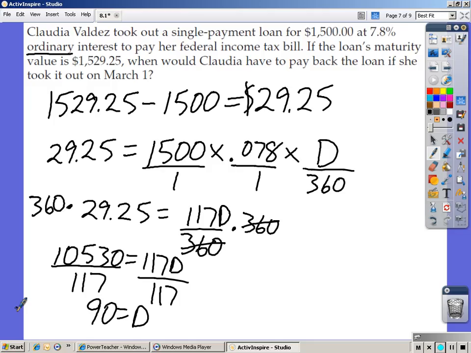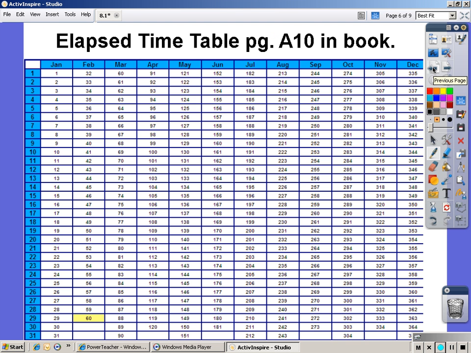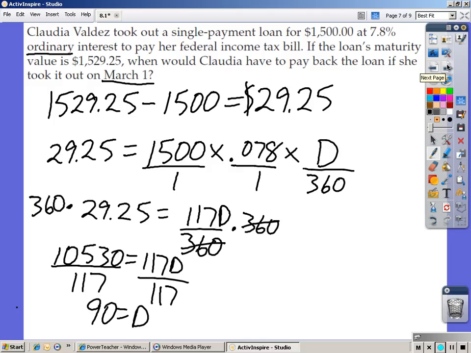Okay? They want to know when would Claudia have to pay back the loan if she took it out on March 1st. Well, let's look at our table. If we look at our table, we find out March 1st is the 60th day of the year. Okay? If we take 60 plus 90, we end up with 150.